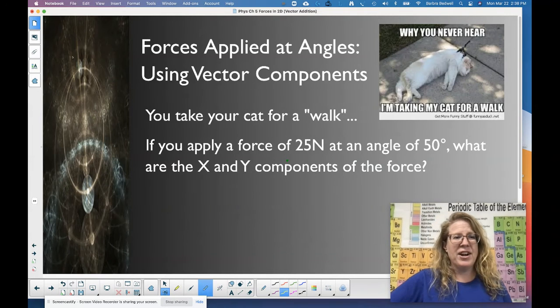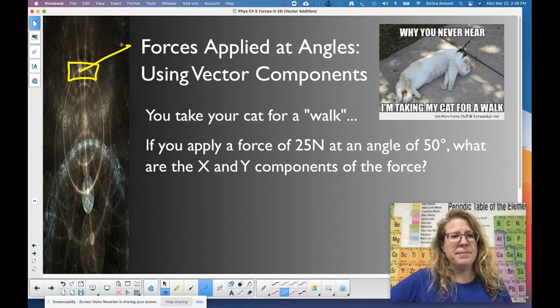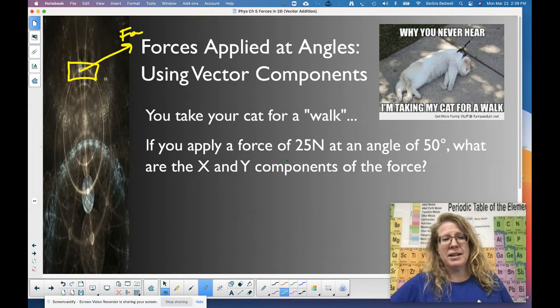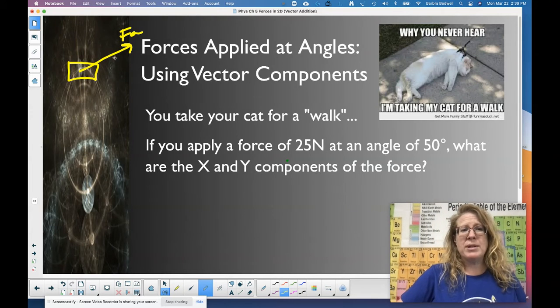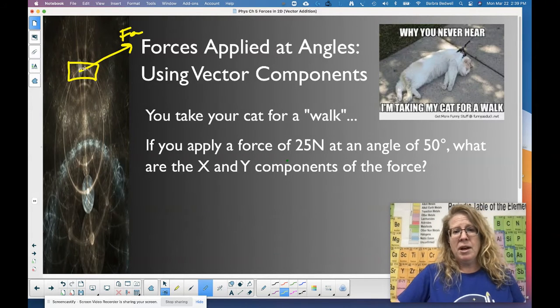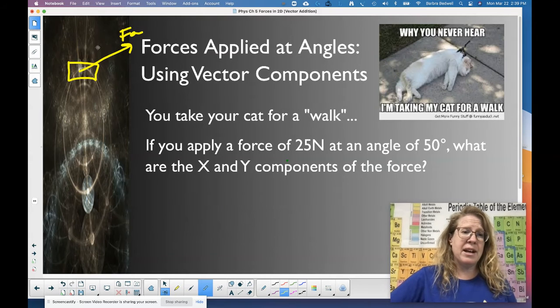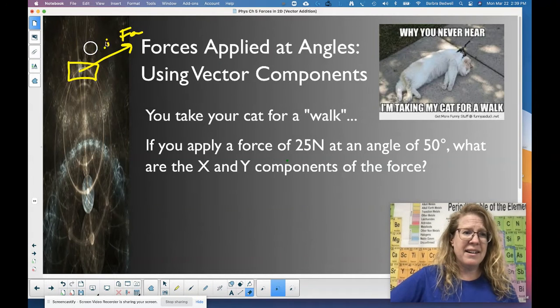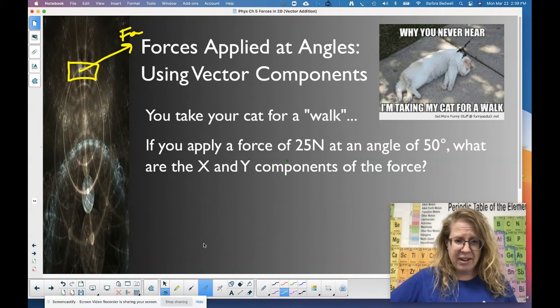So if we have our cat, there it is, and we're applying a force to it, right? There's Fa. Again, why you never take a cat for a walk. We know some things about this system. For example, we know that the force itself is equal to 25 newtons.